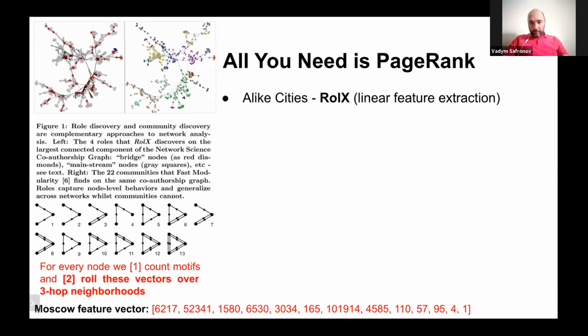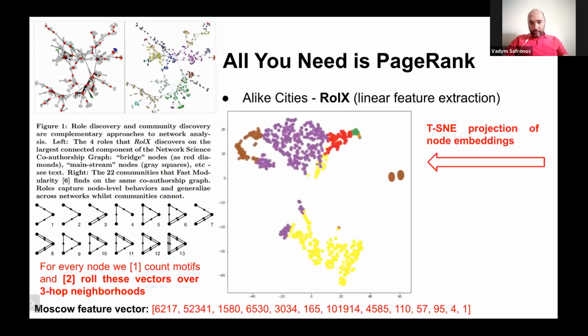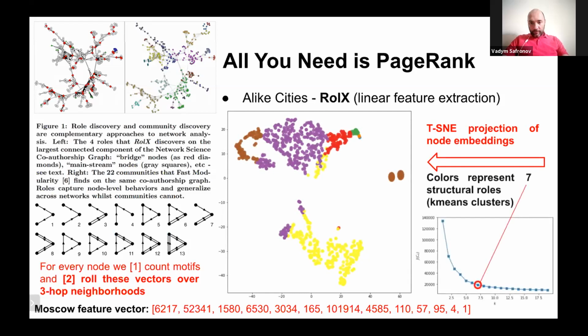In order to check the compactness hypothesis, we first project those multidimensional feature vectors into 2-dimensional space with the t-SNE algorithm. And we also run k-means in order to identify the number of structural roles. Those clusters are reasonable. For example, Moscow falls into a cluster of 1. 2 major cities, St. Petersburg and Yekaterinburg, go together and so on.